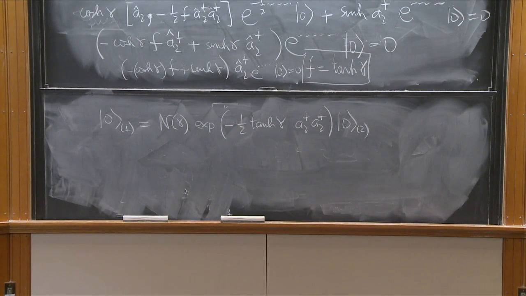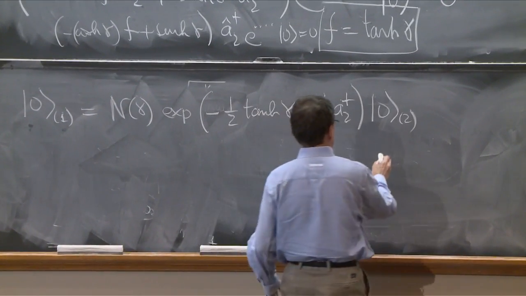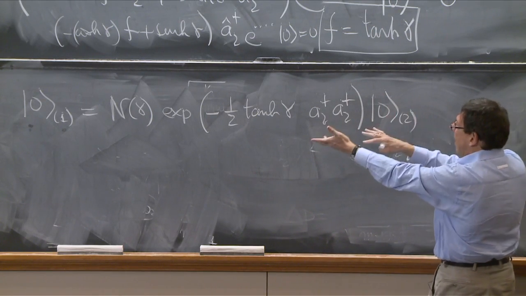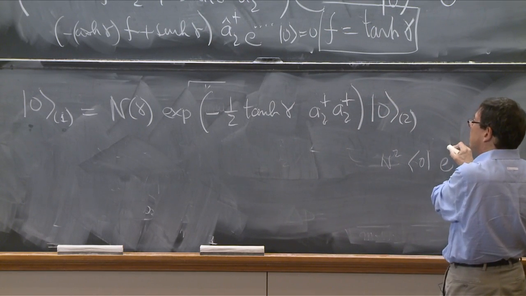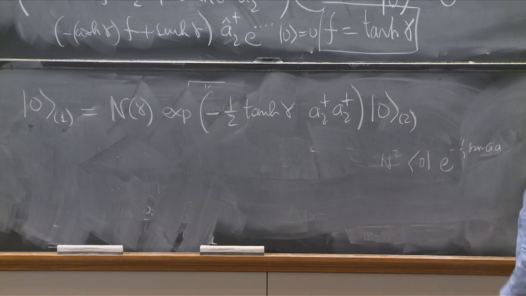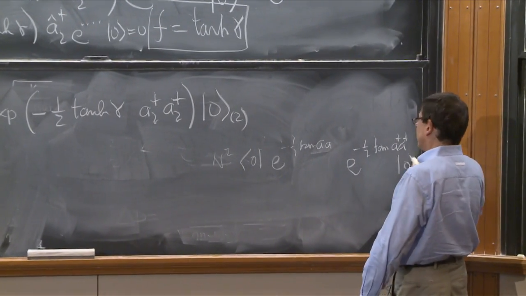The most naive way is to say, well, this must have unit norm, so N squared, and then I take the bra of this and the ket of that, so it would be a vacuum, an exponential of minus 1/2 tanh A A, and an exponential of minus 1/2 tanh A dagger A dagger, must be 1.